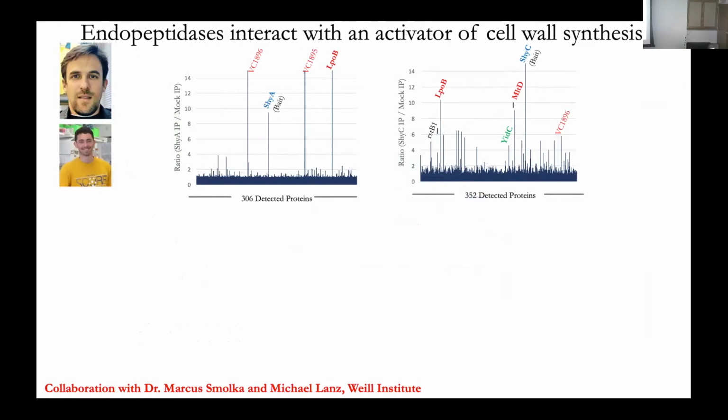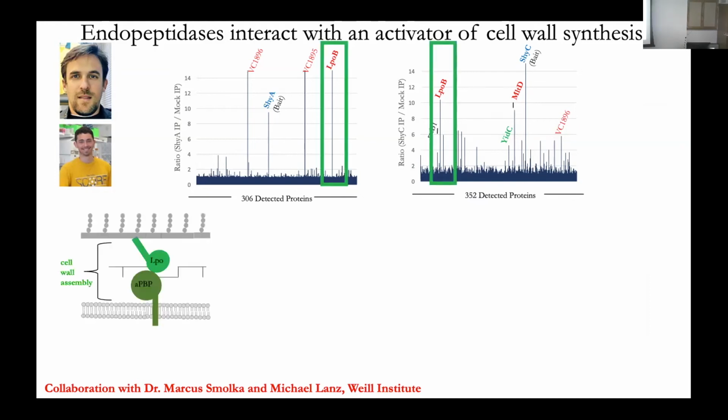The hypothesis behind this is that, let's say there is a protein factor that favors the open conformation, or that induces open conformation in ShyA. We should be able to find it by pulling it down. And what we get is a lot of things, but what is the overlap between the two endopeptidases, ShyA and ShyC, is LpoB. You might remember LpoB from this diagram.